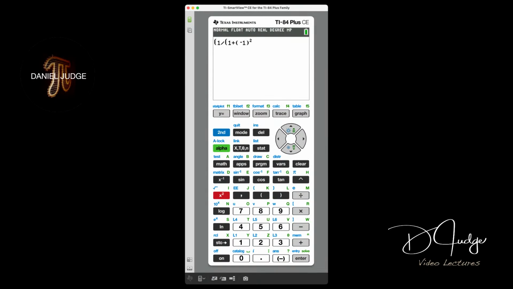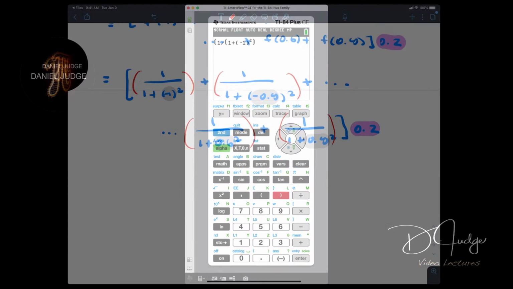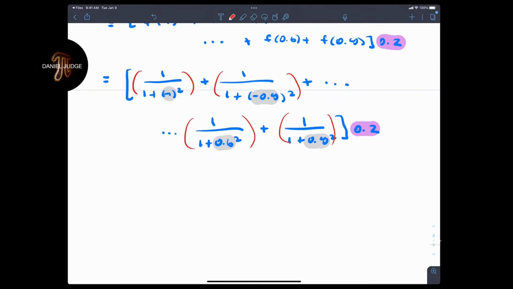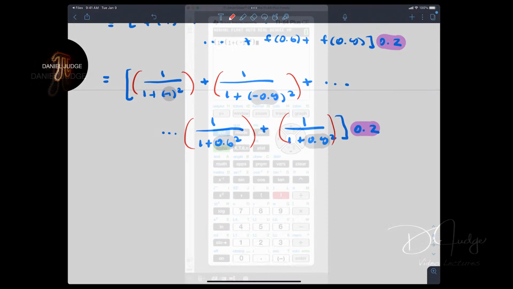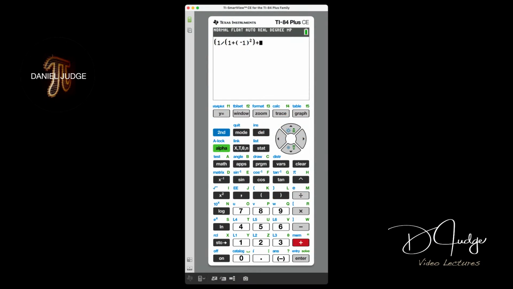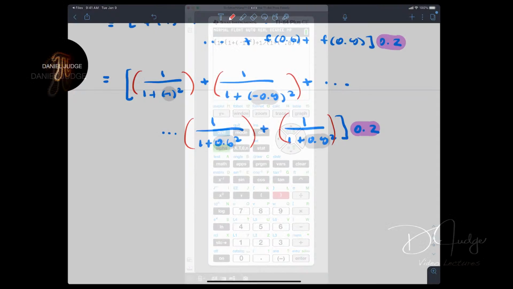Close that, raise that to the second power. There we go, and close it again. Here's what I wanted to do. So if I go back to the iPad, we entered that first rational function. We're going to have to add a 1 divided by another parentheses, 1 plus another parentheses, -0.8. Close that, squared. Close it again, and that's the second entry.